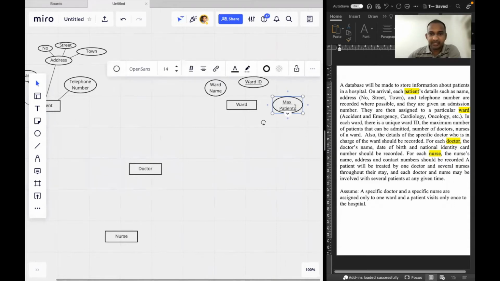So maximum patients is not the primary key. Okay.